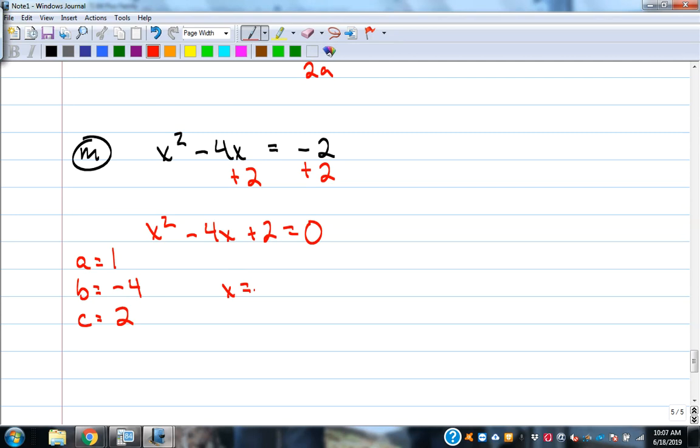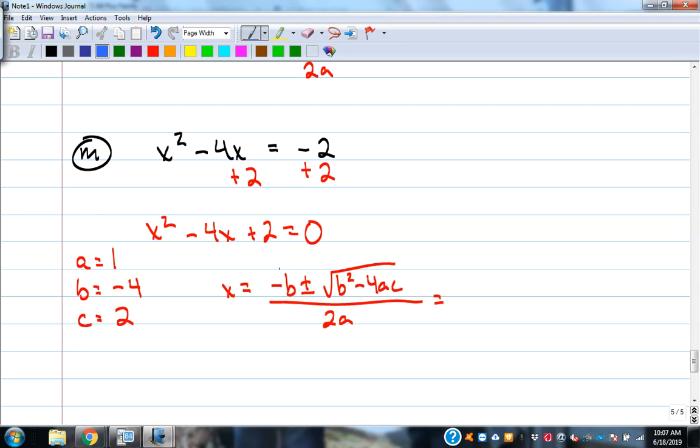So in the quadratic formula, everywhere we see a b, we're going to put in a negative 4. Everywhere we see an a, we'll put in 1. Everywhere we see c, we're going to put in 2. All right? So it's just plugging things into the formula and then working it out.